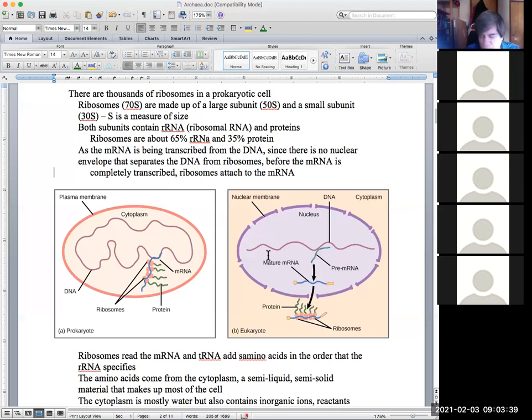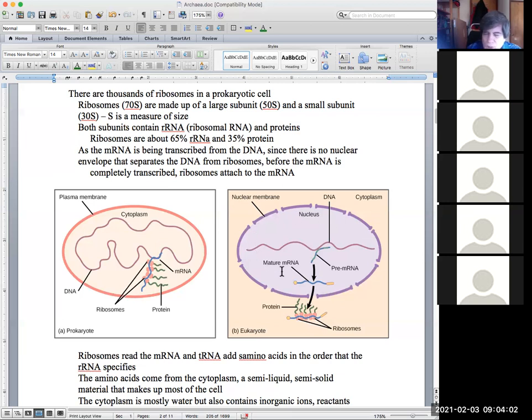And then there's translation. And in translation, we take messenger RNA and we use that to make protein. Remember, there are lots of types of RNA that we can make in transcription. We can make tRNA, we can make rRNA, make all sorts of RNA, but only mRNA gets translated into proteins.